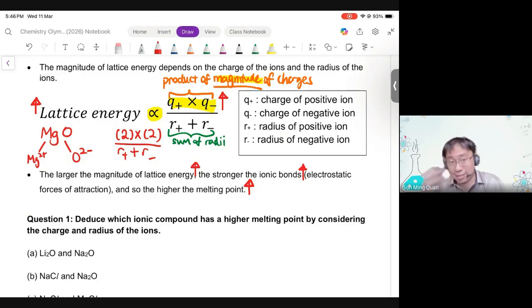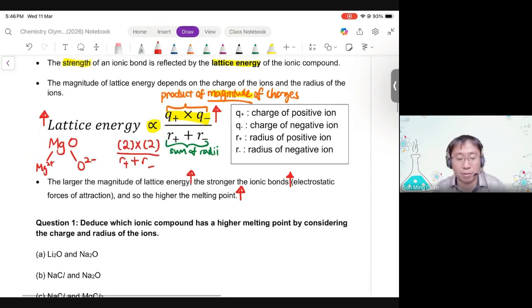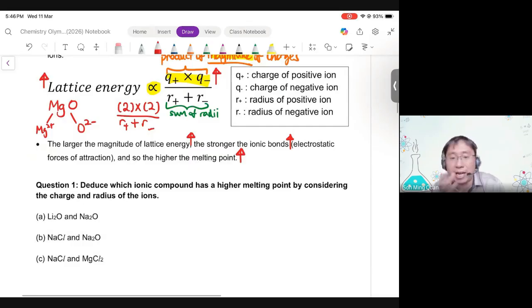Okay? Now, lattice energy, this formula, in case you're wondering, if we take physics, if you study A-level physics, this is actually the starting of what you call electric potential energy. The formula that I've just given you is a simplified formula for electric potential energy. So you have learned formula for, let's say, gravitational potential energy.